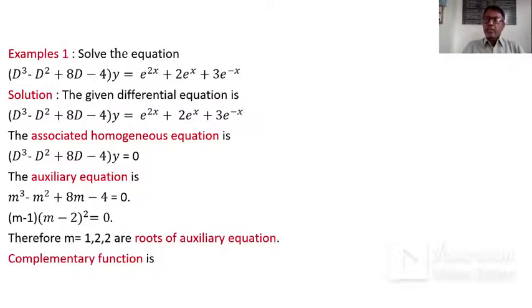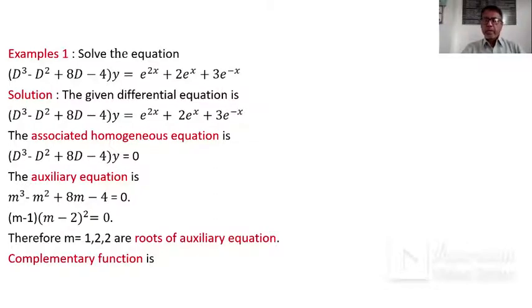The factors are m minus 1 and (m minus 2) whole square is equal to 0. Means the values of m are 1, 2, 2. These are the roots of the auxiliary equation. One root is real and distinct, and two roots are real and repeated.